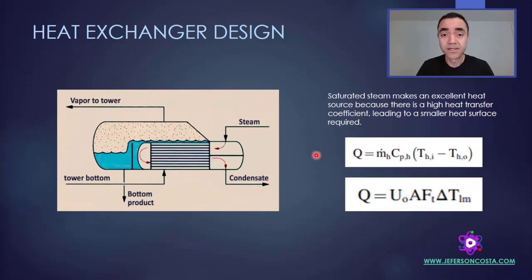Two basic equations for heat exchanger design: the first is Q equal to mass multiplied by the specific heat multiplied by the differential temperature, Q = m Cp ΔT. With it, I define how much energy is needed in the heat exchanger.